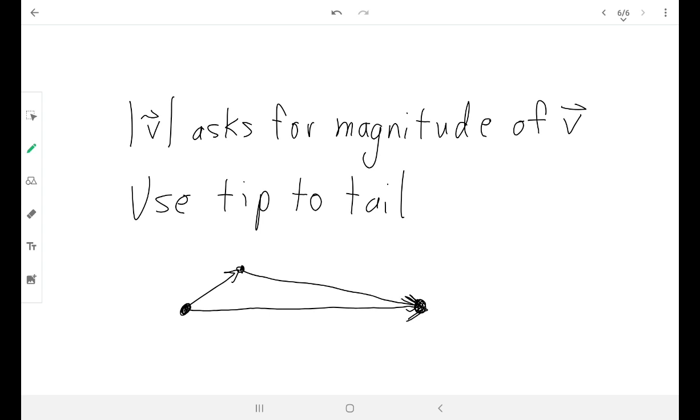Okay? By the way, the reason there are arrows on the end is not because they go on forever, but so that you know which way it goes, because vectors have a starting point and an ending point, and the arrow is always at the end point. Okay? I hope this helps.